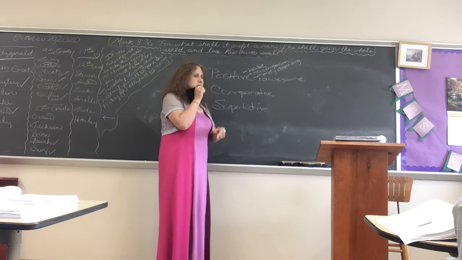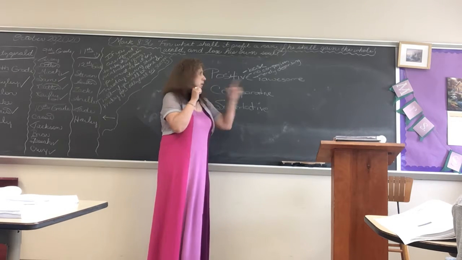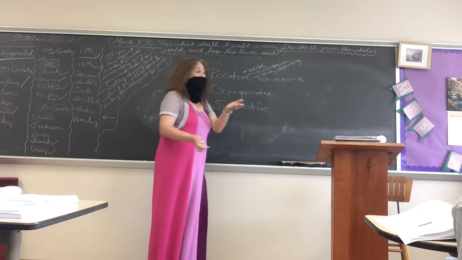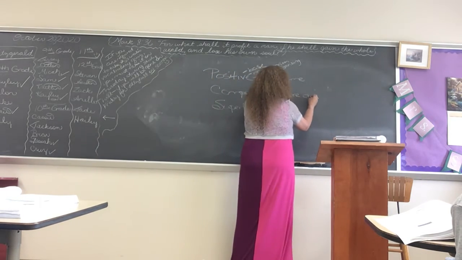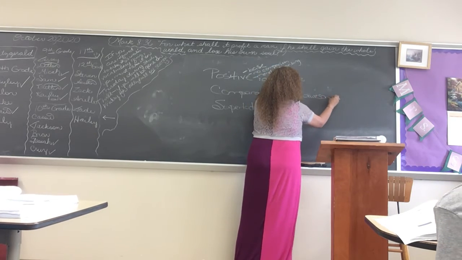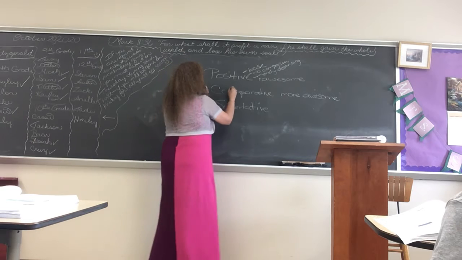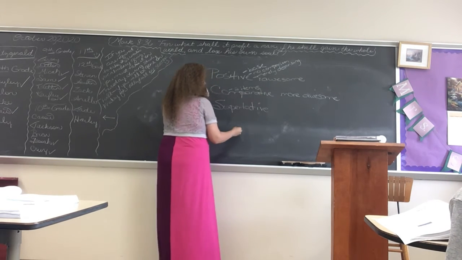What if I have 2 things and one is better than the other? How would I say that with this word? More awesome. This one is more awesome than this one. So this one is when we are comparing 2 items.